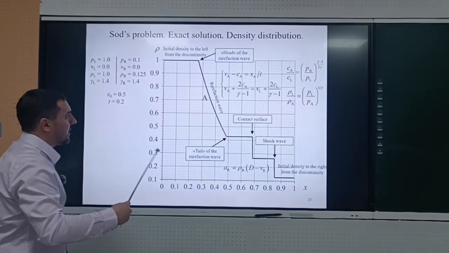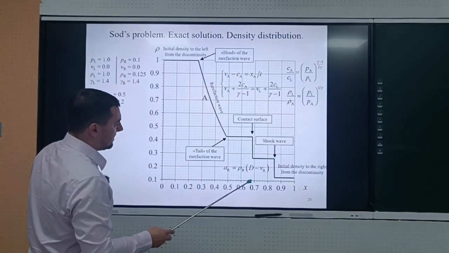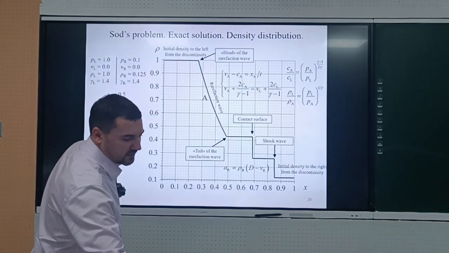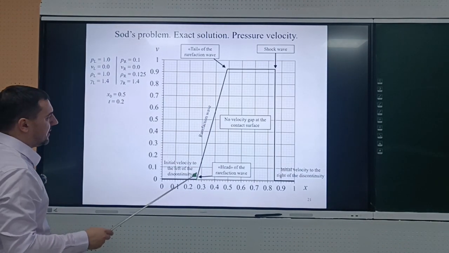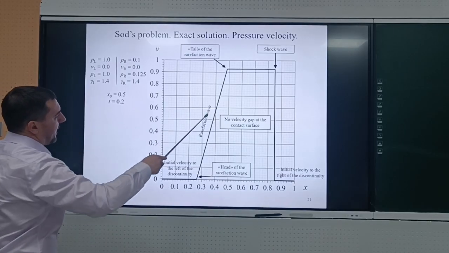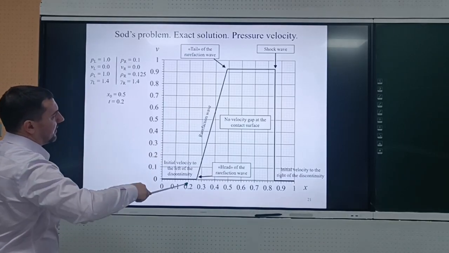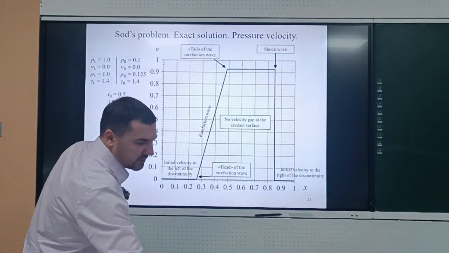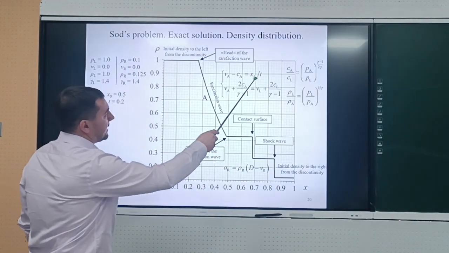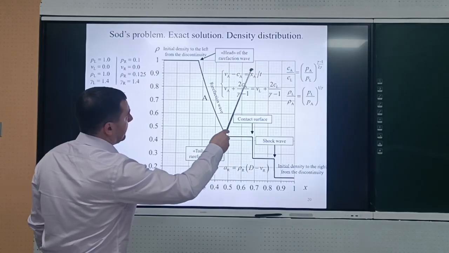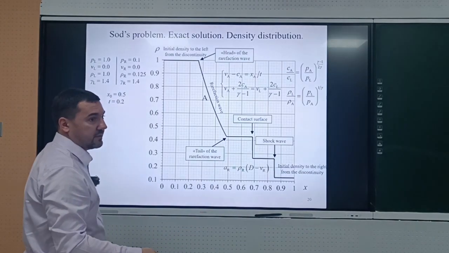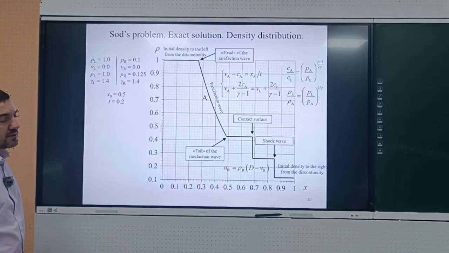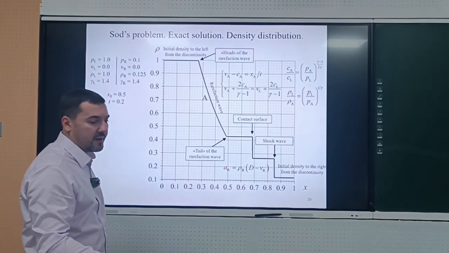So this is the structure of the density, and this is the solution for velocity, typical velocity. We can see that the profile of velocity in the refraction wave is linear. It is so because you can check for a specific time instant, you can find the velocity as a function of x, it will be a linear function. So this is the typical behavior of velocity in the simple wave, in the refraction wave.